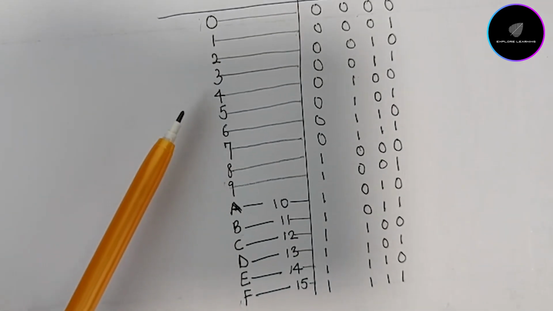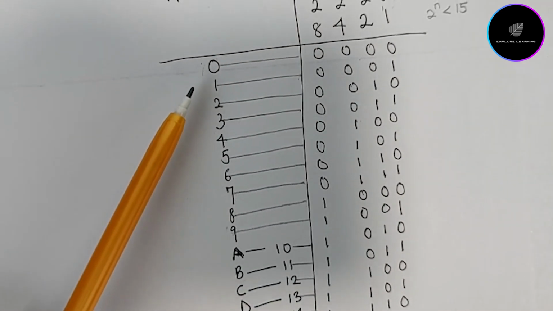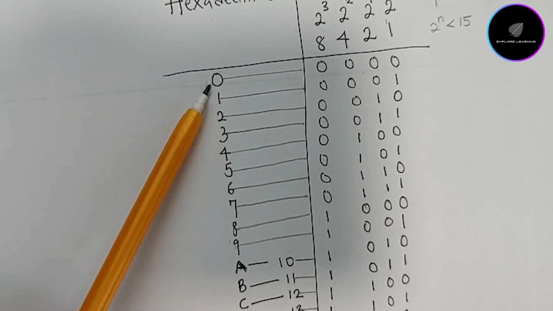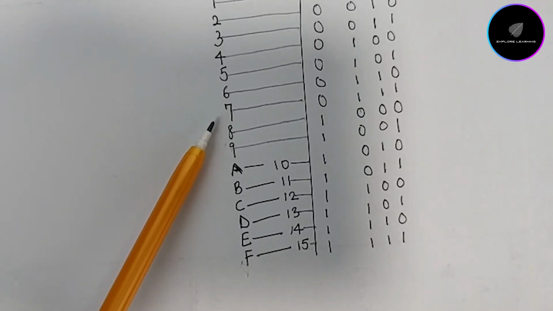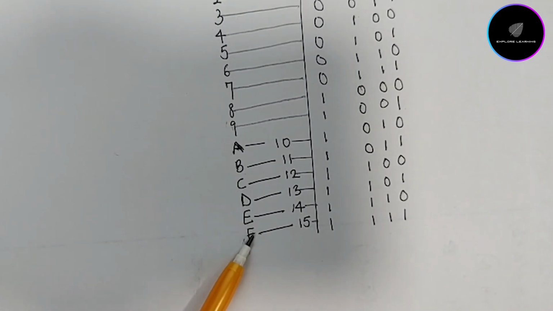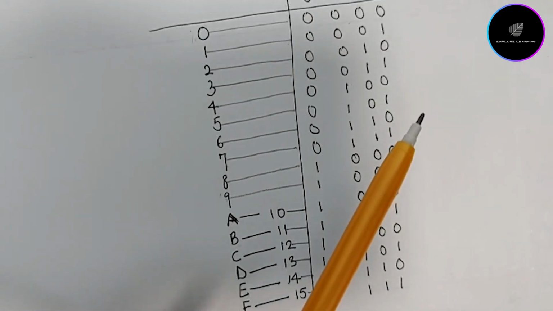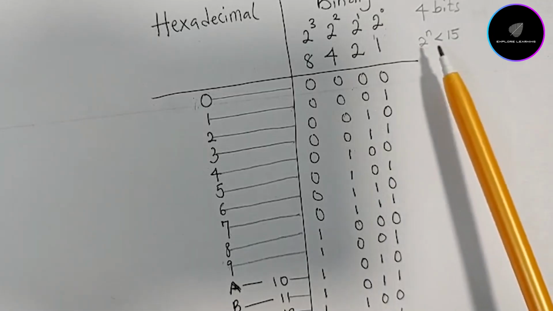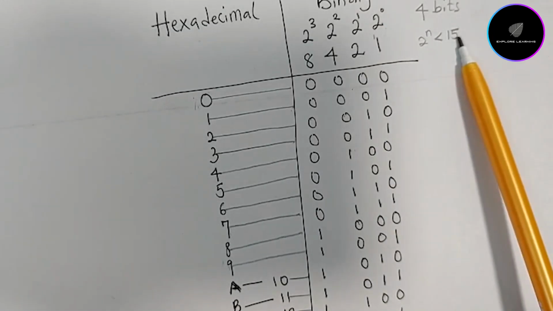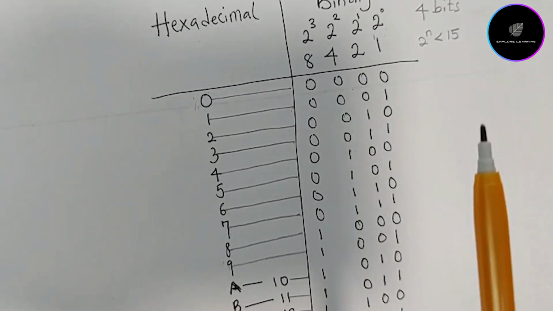Now, you notice that the minimum value in the hexadecimal number system is 0, and the maximum value is F, which is 15. Now, remember the formula I stated here. I said that 2 raised to the power n should be less than 15.